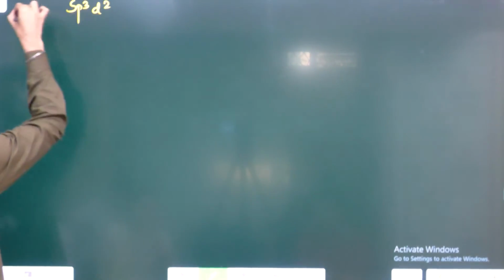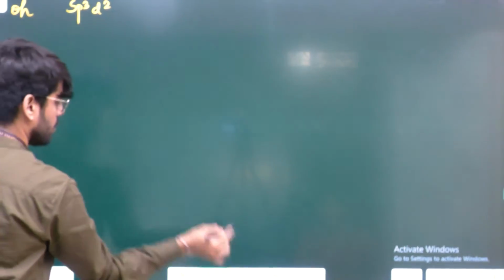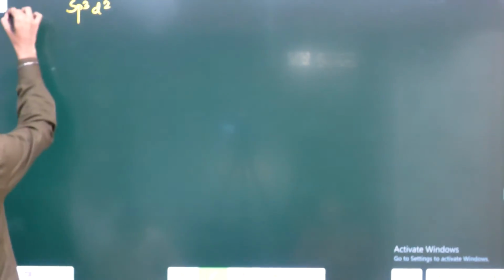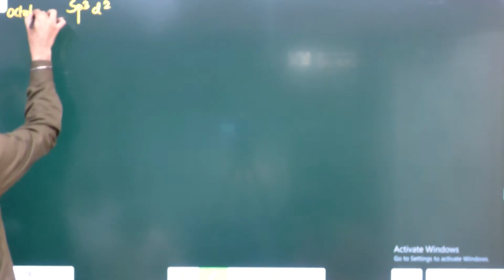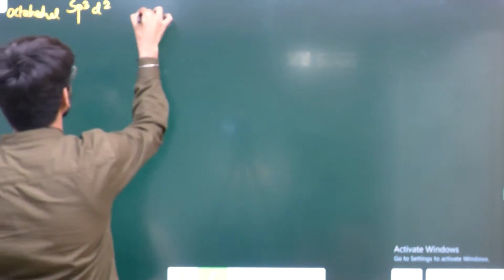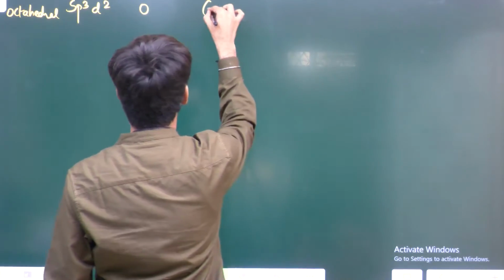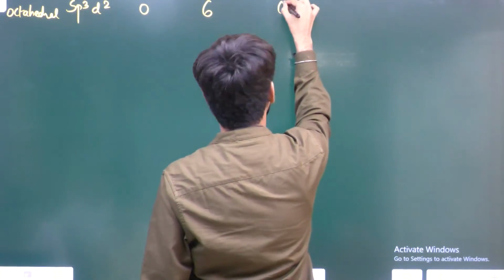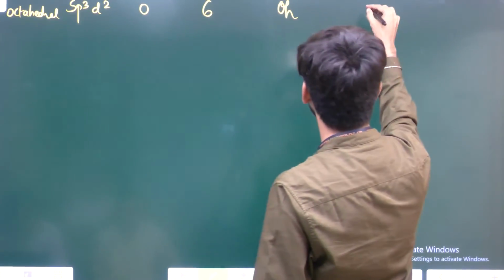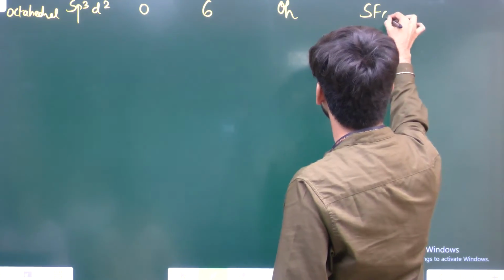sp3d2 hybridization, geometry is octahedral. Zero lone pair, 6 bond pair. Shape is again octahedral. An example, SF6.